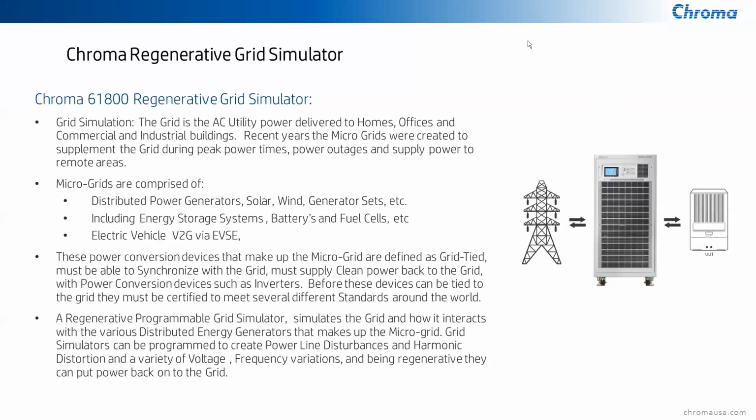A lot of devices lately have been popping up for what we refer to as microgrid distributed power generators. And what these are, various ways of power being put back onto the grid from smaller, more localized power generation. And this can be done through solar and wind and even natural gas type generators. But it also includes things such as energy storage systems. More and more you're seeing that backup systems are being produced using batteries and fuel cells.